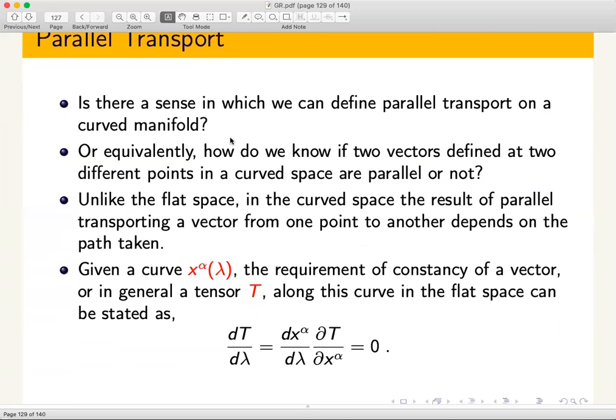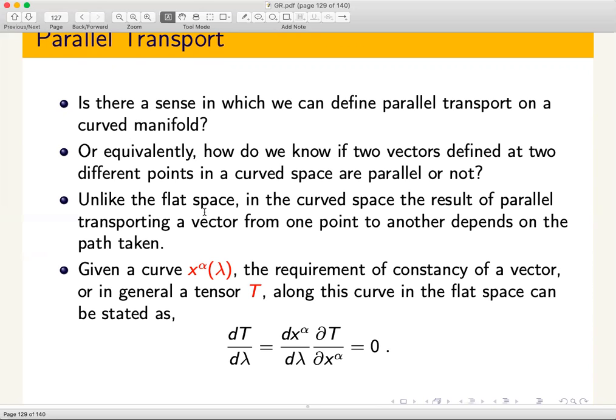As I said, unlike the flat space, in the curved space this statement depends on the path that you take to transport a vector from one point to another, where one vector is defined at, say, point P and another vector is defined at point Q. You transport a vector from point P to point Q. What path you have taken is important in deciding whether the two vectors that you get are parallel or not.